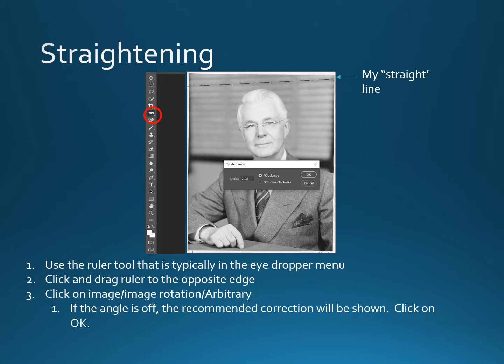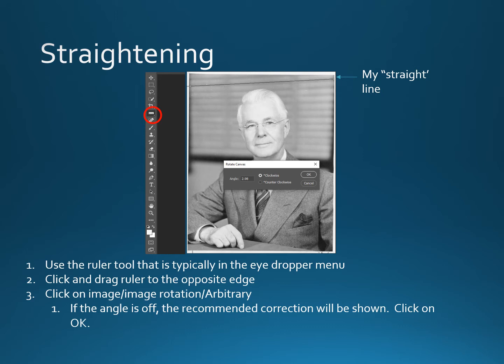We use the ruler tool in order to mark that line, and you'll see on the left-hand side of the screen here, underneath the red circle, the ruler actually sits underneath the eyedropper tool. On this toolbar, if you're not familiar with Photoshop, they'll have one tool on top, but if you click on this little arrow at the bottom right-hand corner, you will see that there are more tools underneath there, and that's kind of where the ruler sits.